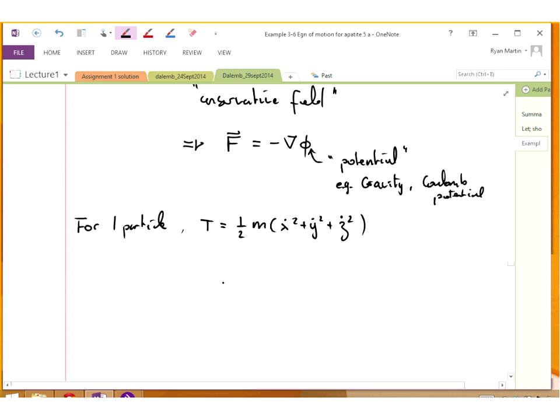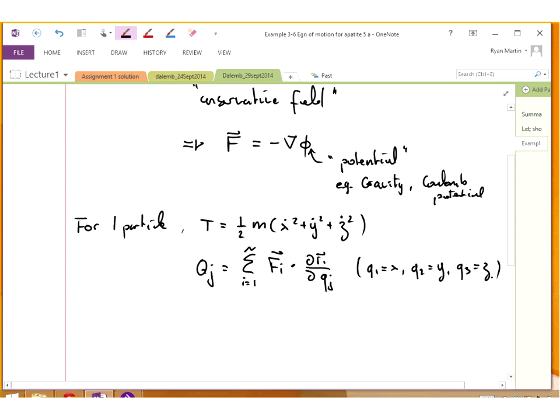Qj, using our equation for the generalized force, is the sum from i equals 1 to n of the force F_i dotted with the partial of r_i by the partial of q_j. Now Q1 is equal to x, Q2 is equal to y, and Q3 is equal to z.